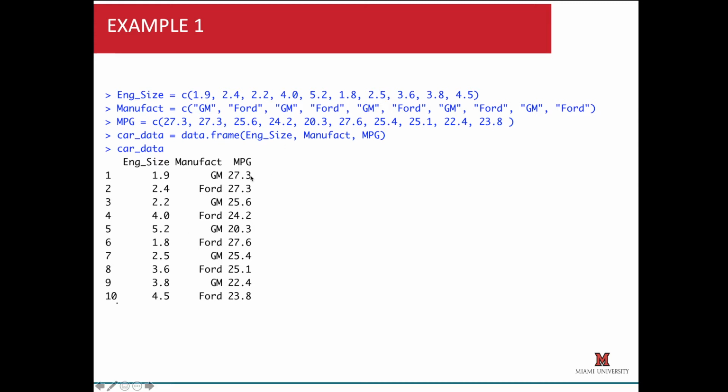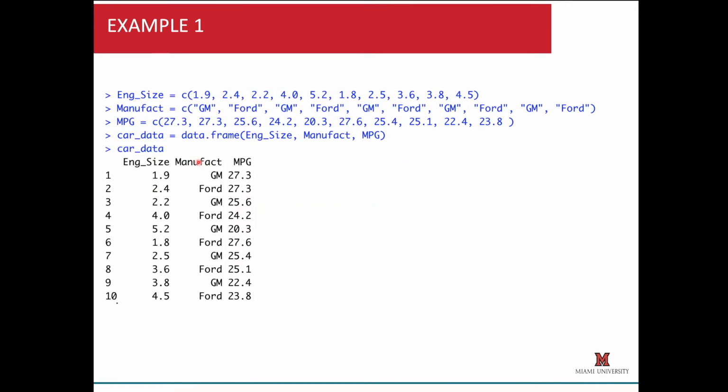We have the miles per gallon of a car, and this would be the response. We have the manufacturer, which is the qualitative variable that we want to incorporate, and engine size as a predictor. The code to generate the data is in Canvas under car data, car_data.r.